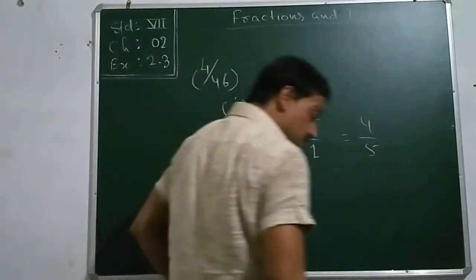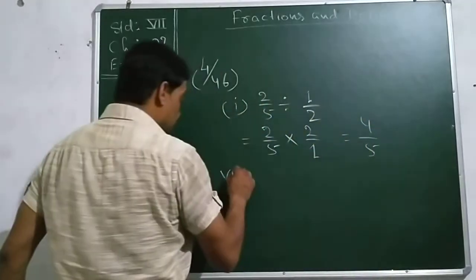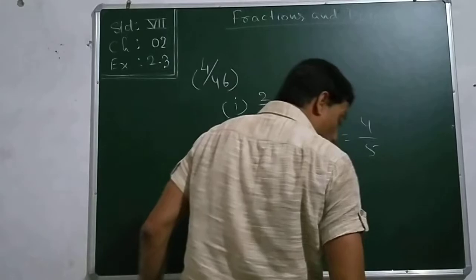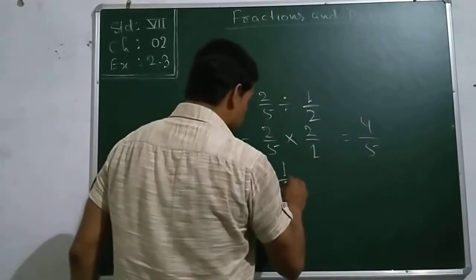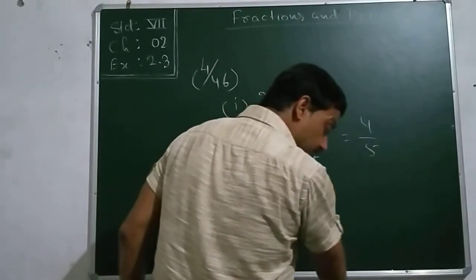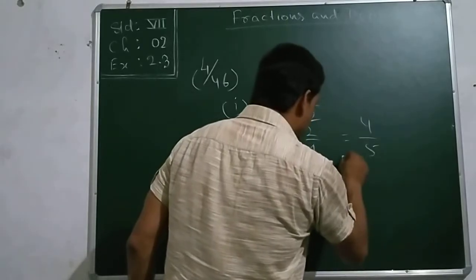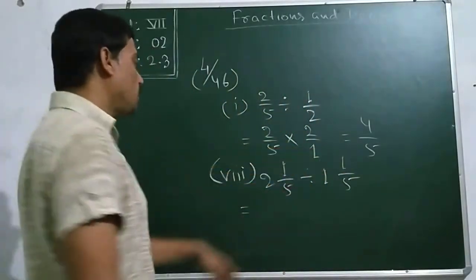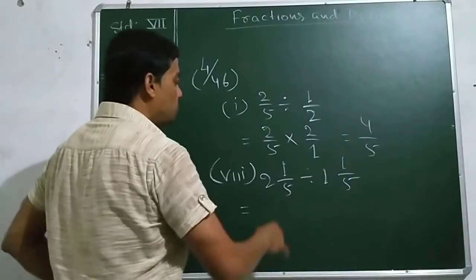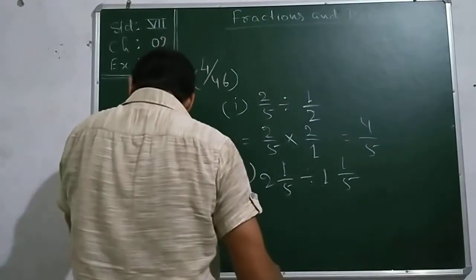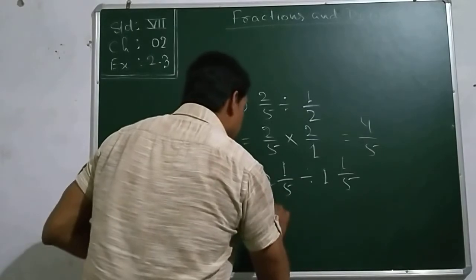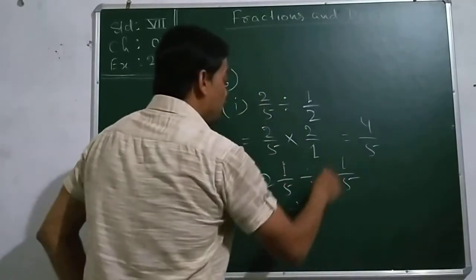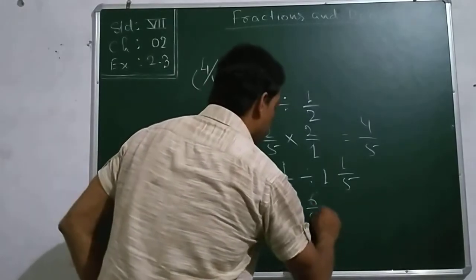The last sum is 8. The sum is 2 whole 1 by 5 divided by 1 whole 1 by 5. First we need to change them into improper fractions. 5 2s are 10 plus 1, it is 11 by 5. 11 by 5 divided by 5 1s are 5 plus 1, 6 by 5.